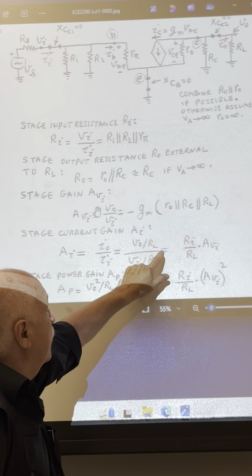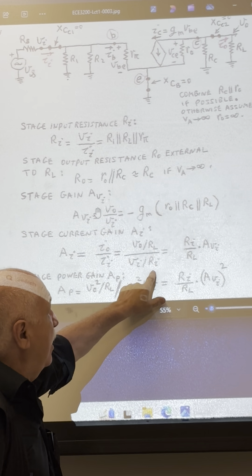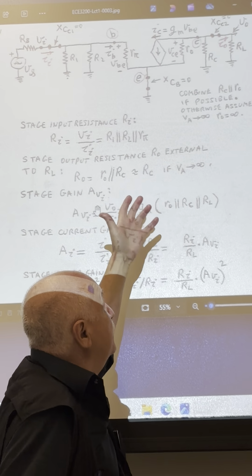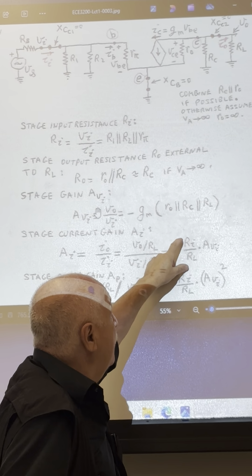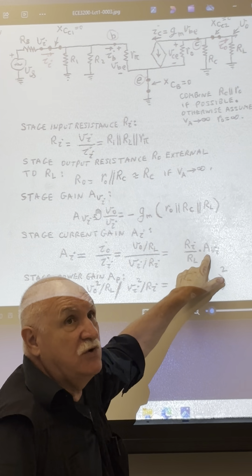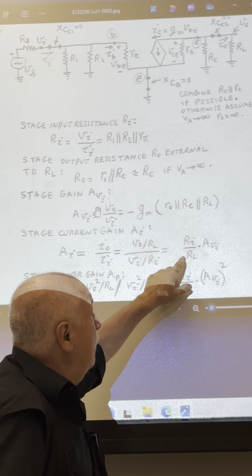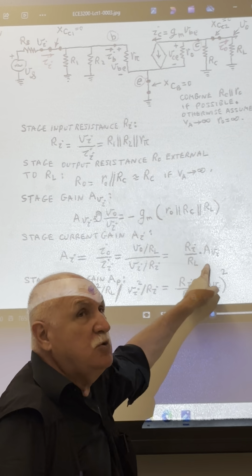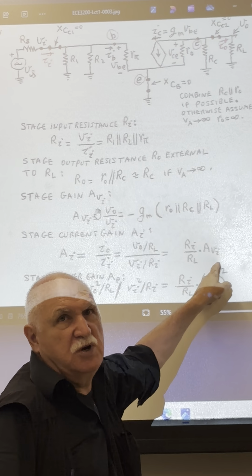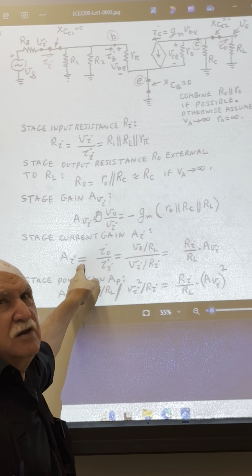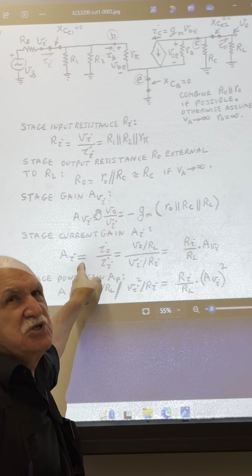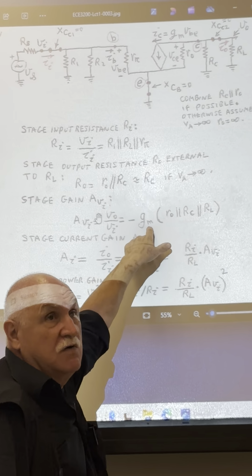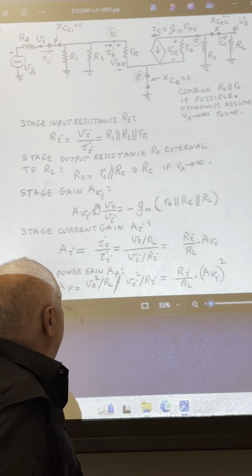IO is VO over RL, II is VI over RI. If you divide them, you can write the current gain of the stage as RI over RL times the voltage gain, AV. I tell you what, I hardly use that equation, and you will hardly need it. Not necessary at all. What you need is input impedance, voltage gain, and power gain.